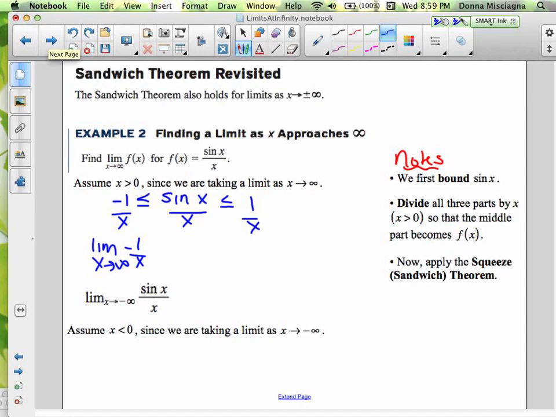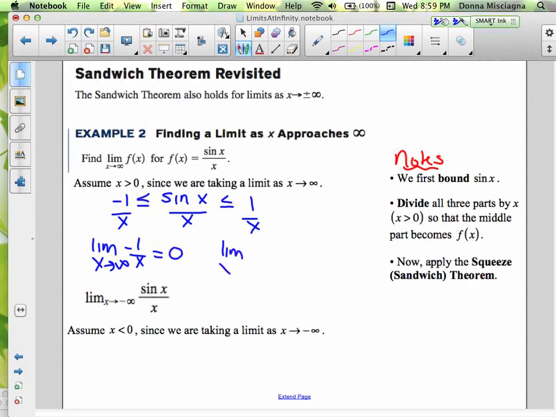If you have any constant, and it doesn't matter if it's positive or negative, divided by x, the limit as x approaches infinity is going to be 0. The sign is immaterial. If you have a constant, something bounded, divided by something growing without bound, your limit is going to be 0.